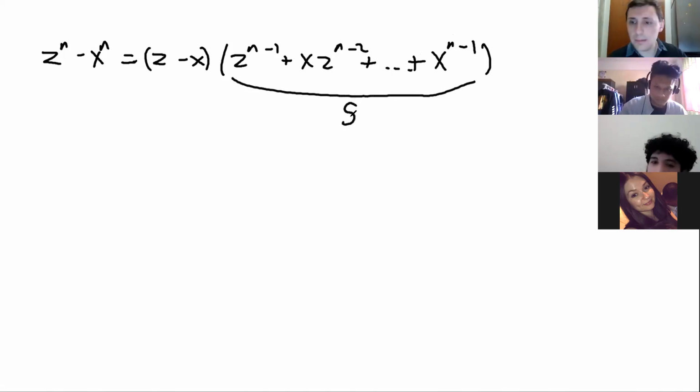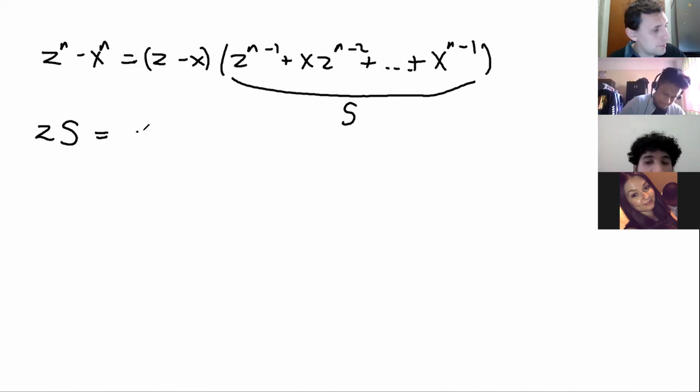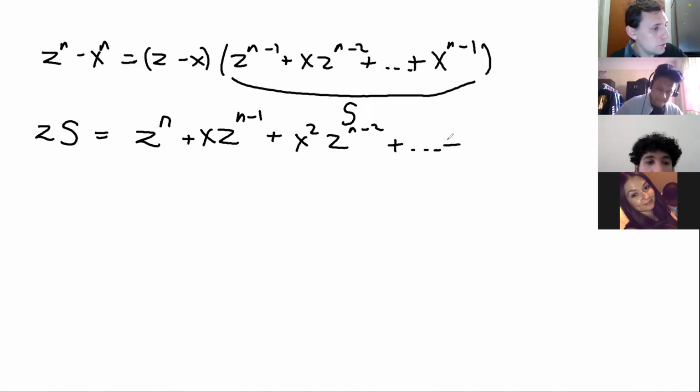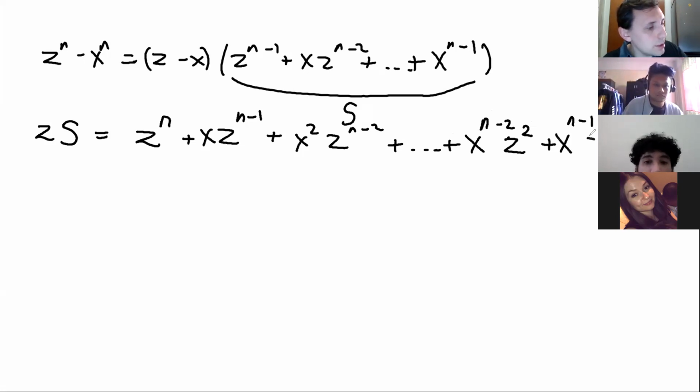I'll call it S. Sum is S. S multiplied by z becomes z to the n plus x z to the n minus 1 plus x squared z to the n minus 2, all the way to plus x to the n minus 2 z squared plus x to the n minus 1 z, if I multiply S by z.